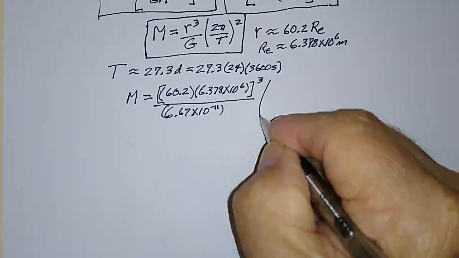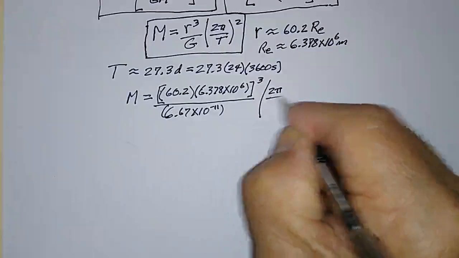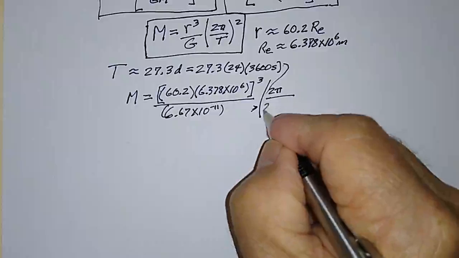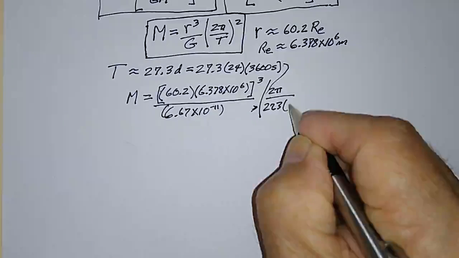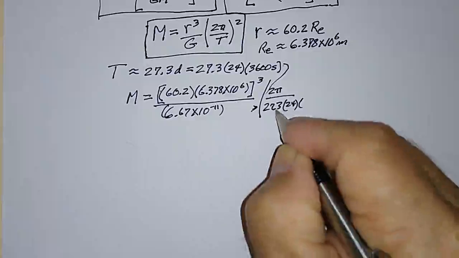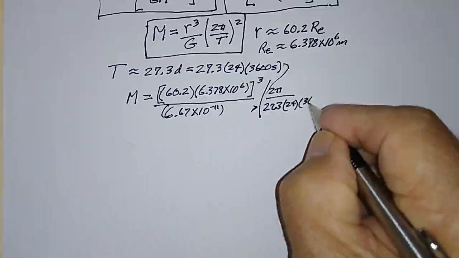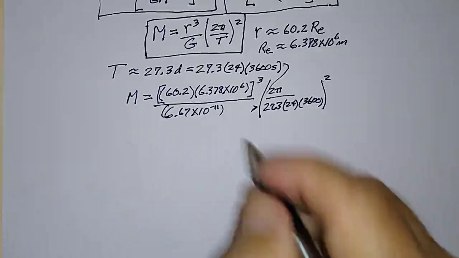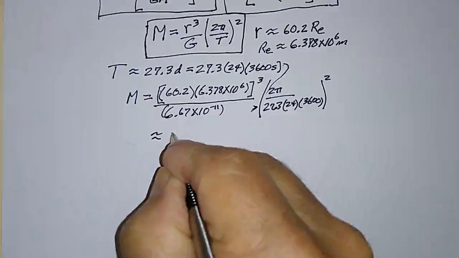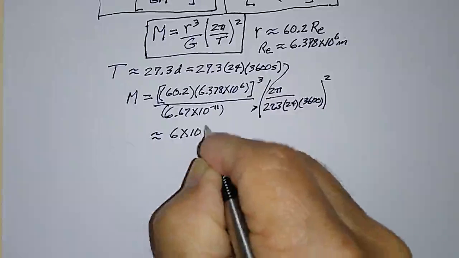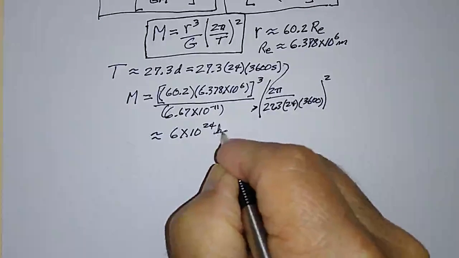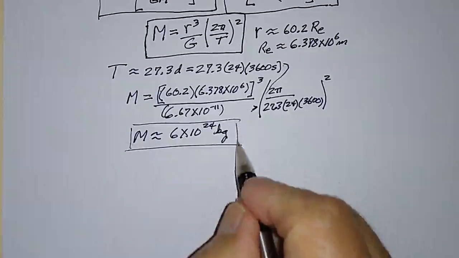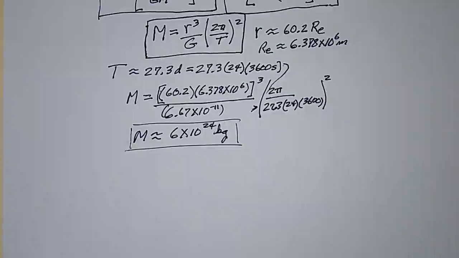And then all of this times 2π divided by this number here, which is 27.3 times 24 times 3,600, all of that squared. And when you work all that out, it works out to about 6 times 10 to the 24th kilograms, which is the mass of the Earth approximately. So that's just an example of how you might use these equations.